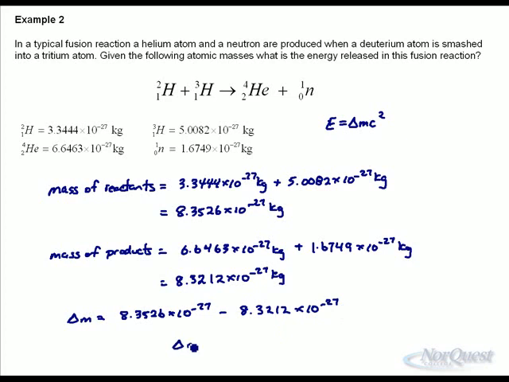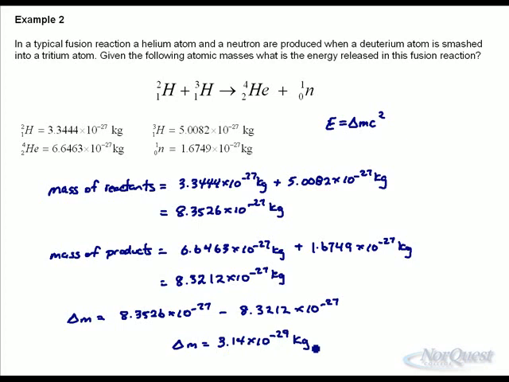My change in mass should give me 3.14 times 10 to the negative 29 kilograms.